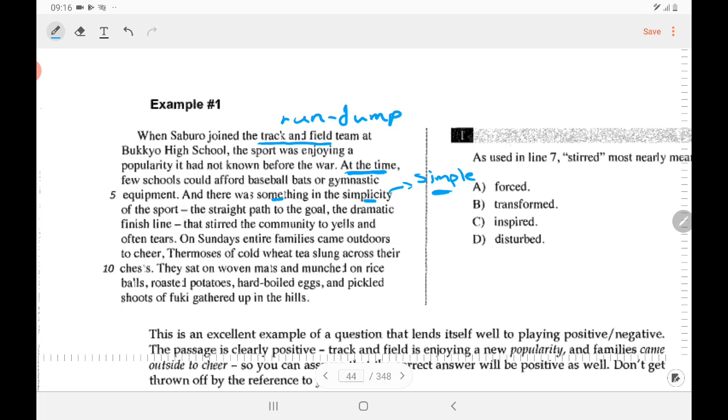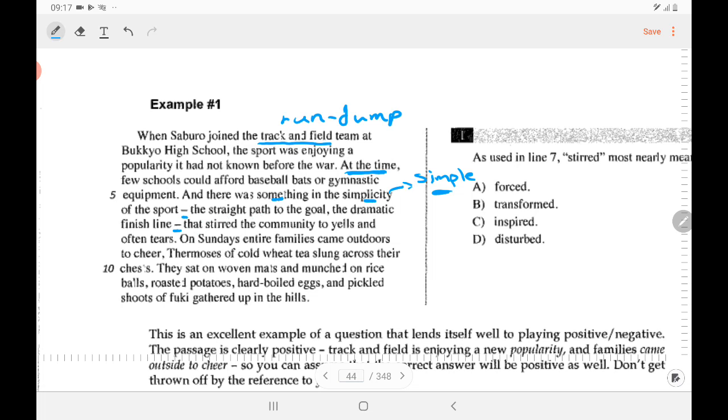Usually what's after the dash will be an explanation of what's before, so it's going to explain the simplicity between two dashes. What kind of simplicity? The straight path to the goal, the dramatic finish line. So the exciting finish line and the simplicity of the sport itself. It's simple, just a straight path, somebody's running, so you can follow and understand.